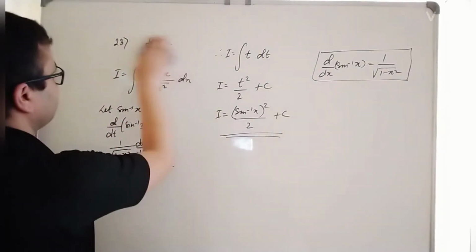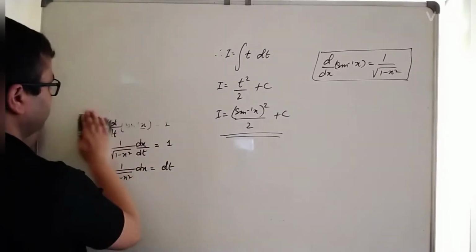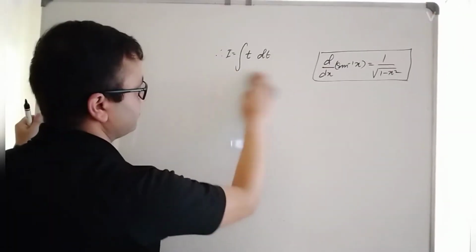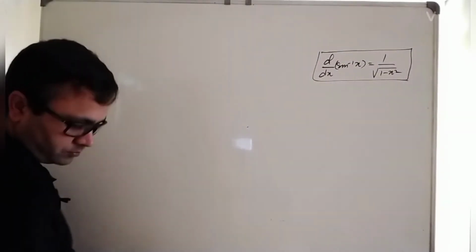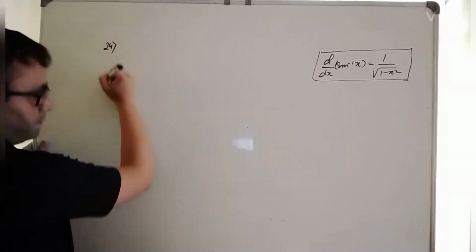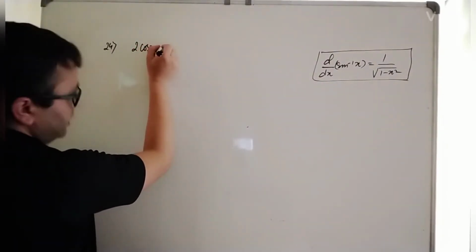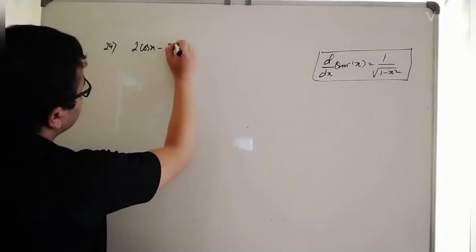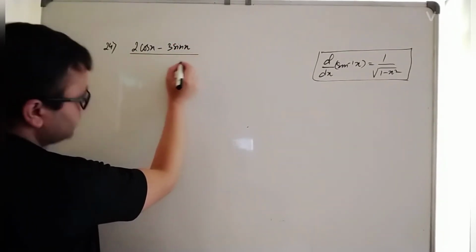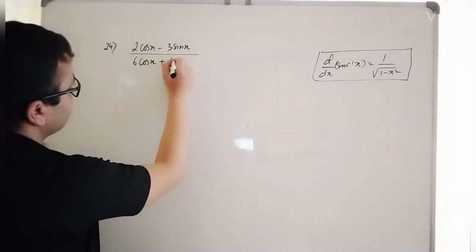Okay, question number 24. Question number 24 is 2 cos x minus 3 sin x divided by 6 cos x plus 4 sin x.